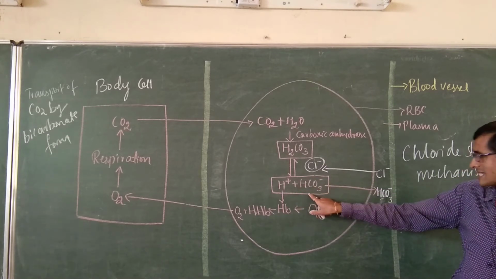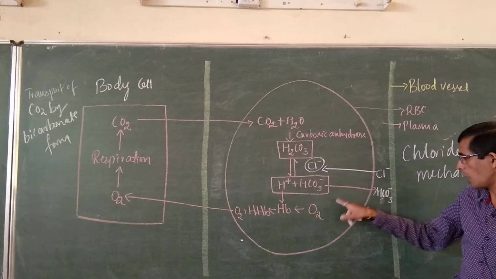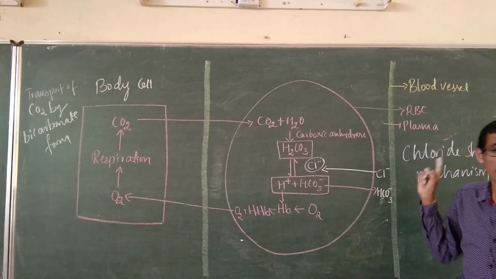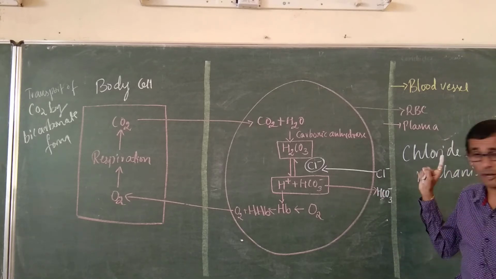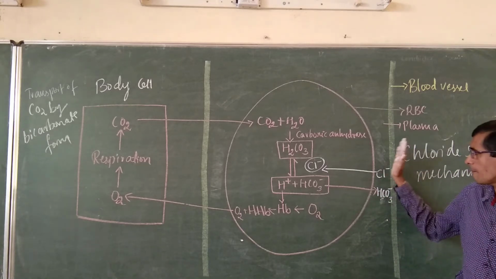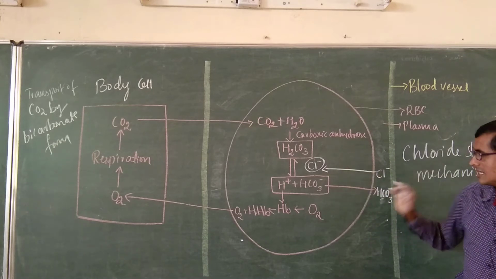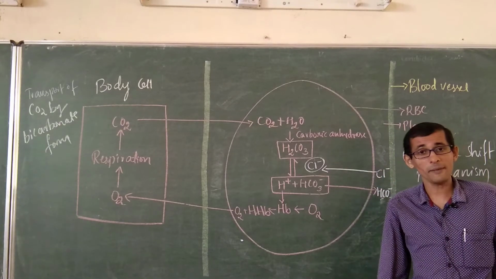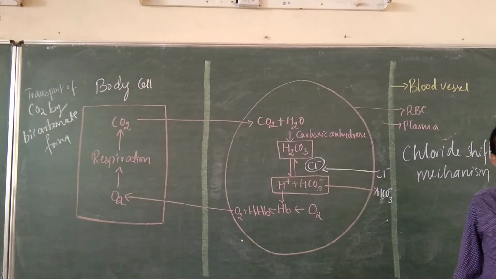This HCO3- moves out of the RBC into the plasma, and simultaneously the same number of chloride ions, Cl-, move from the plasma into the RBC. This is the chloride shift mechanism, or Hamburger's phenomenon.